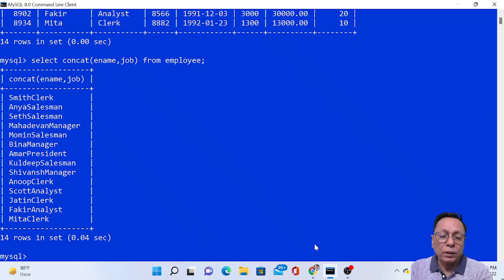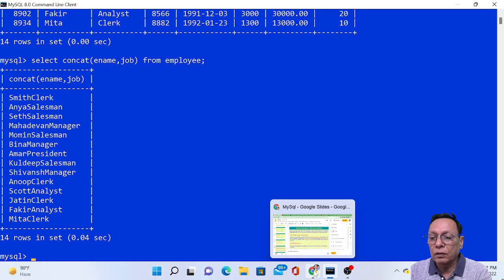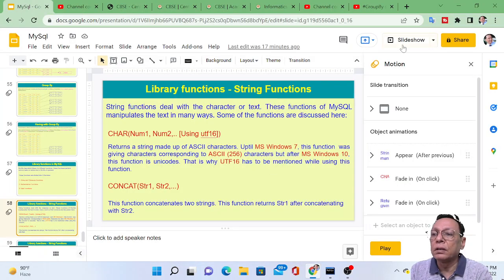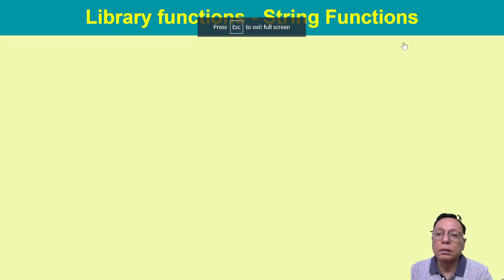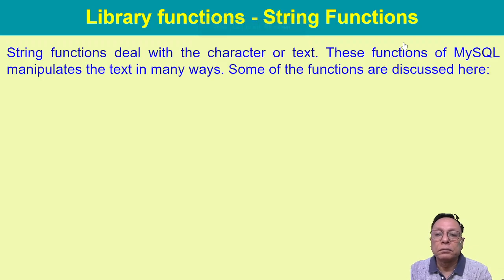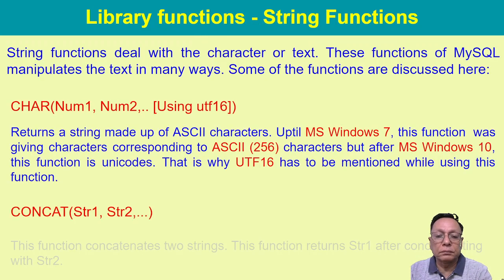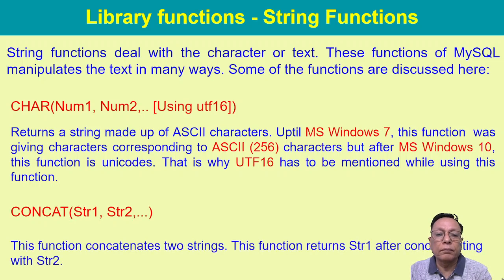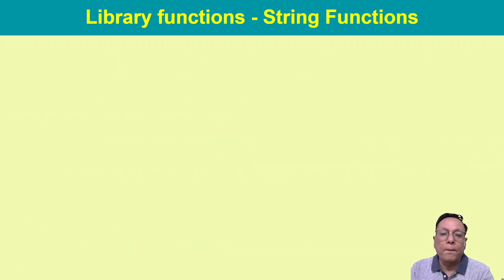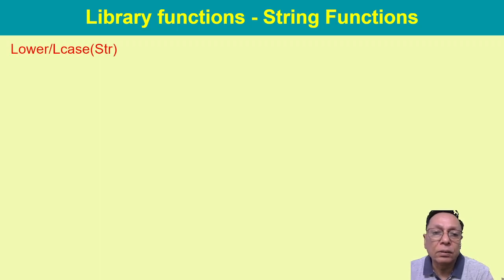The next function is lower, also called lcase. Lcase means if there is any string which is in capital, if you apply lower or lcase, the capital letters are converted into lowercase or small letters.